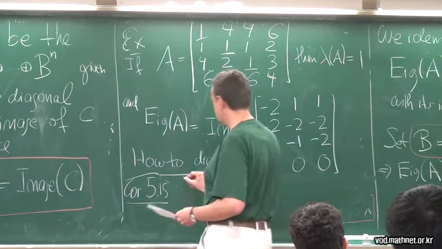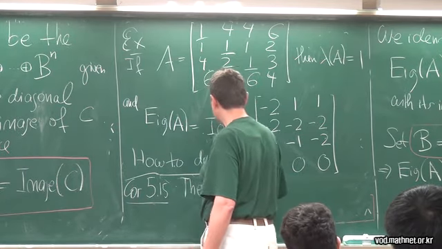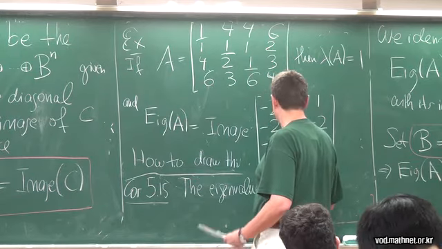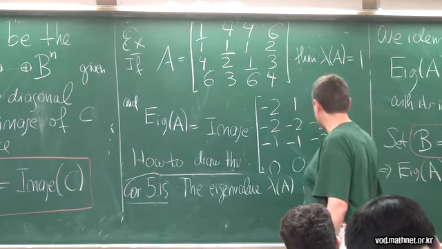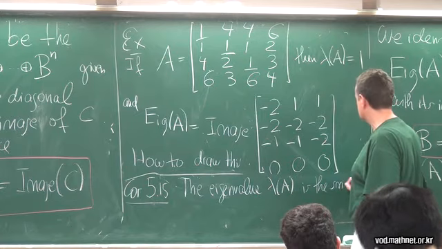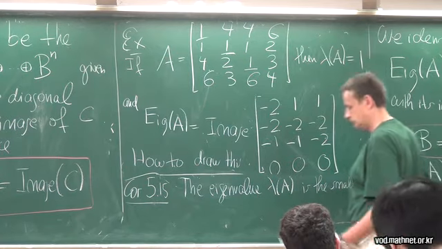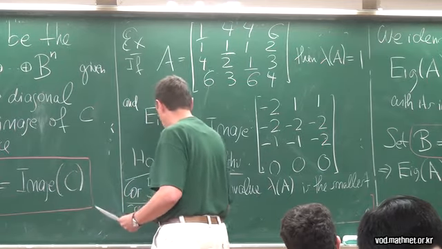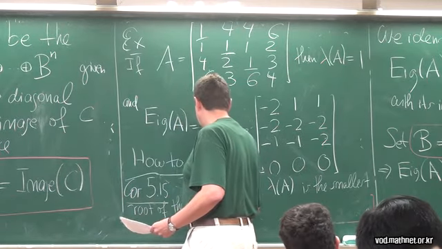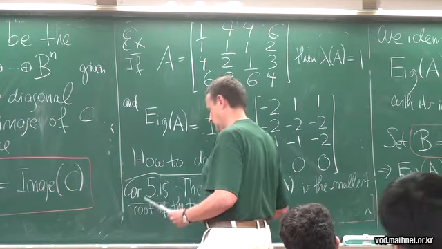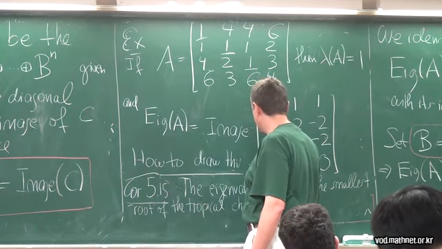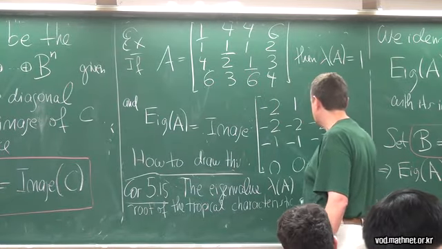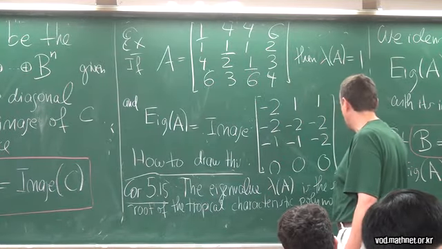So the correct statement here is that the eigenvalue of a square matrix, lambda of A, is the smallest root of the tropical characteristic polynomial of that matrix.